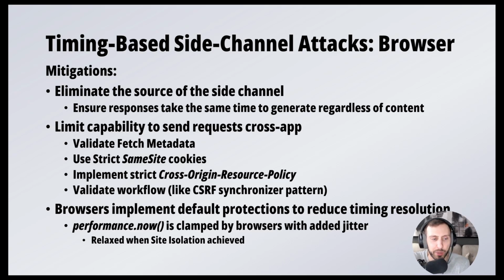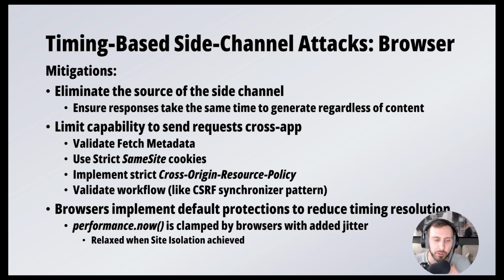Browsers also do implement, as mentioned, some of their own protections that reduce timing resolution. So using Performance Now as an example, it is clamped by browsers. You can't use it to make highly precise timing determinations. And I think all modern browsers actually add a little bit of jitter to it. So they add their own noise even when you're just trying to read time in JavaScript.